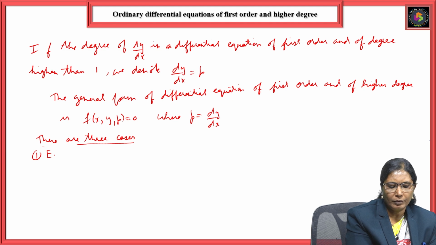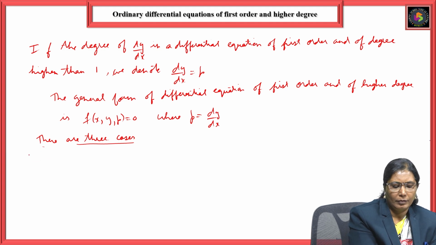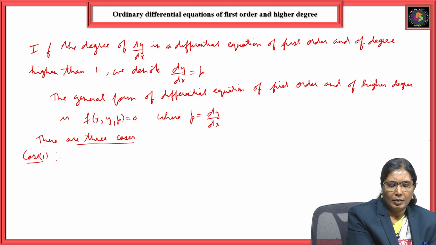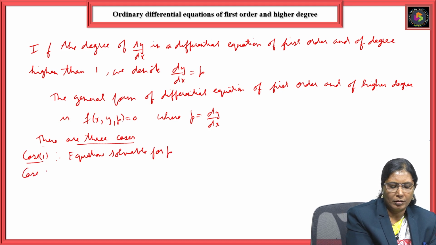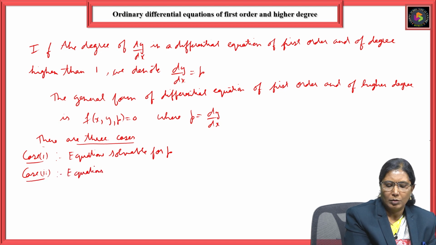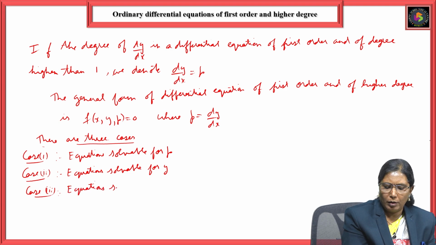Case 1, equations solvable for p. Case 2, equations solvable for y, and case 3 is equations solvable for x.